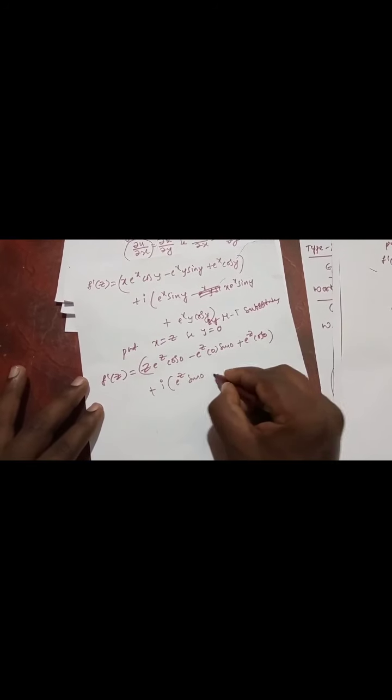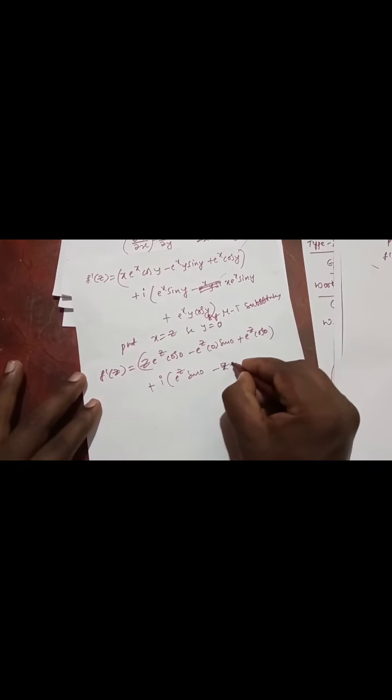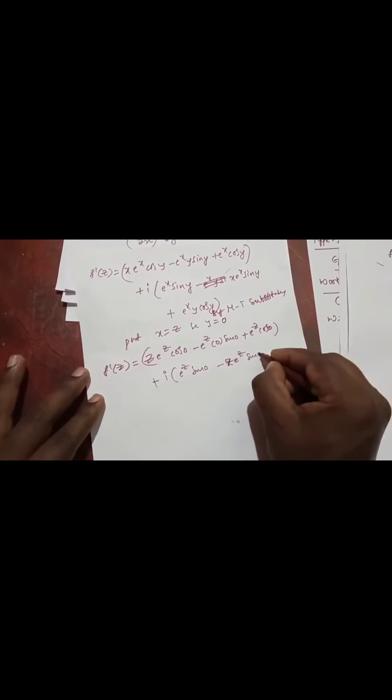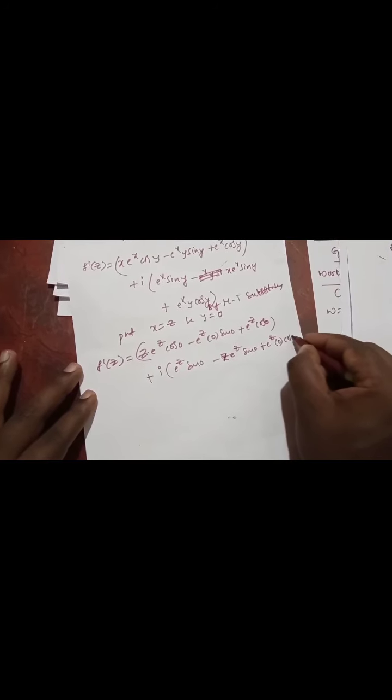That is dou v by dou y, plus i into e power z sin 0 minus z e power z sin 0 plus e power z y 0 cos 0.